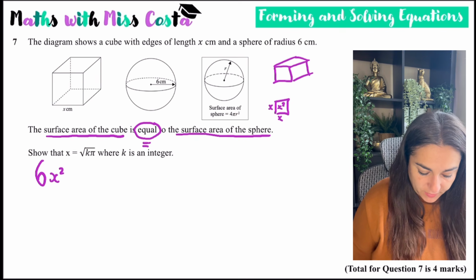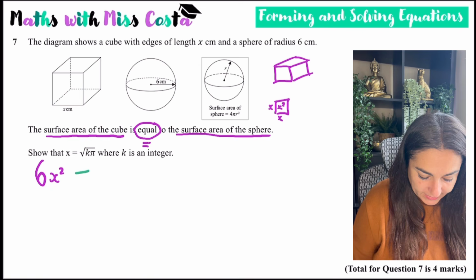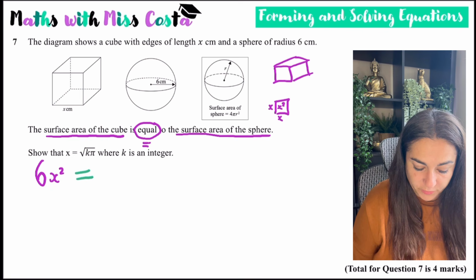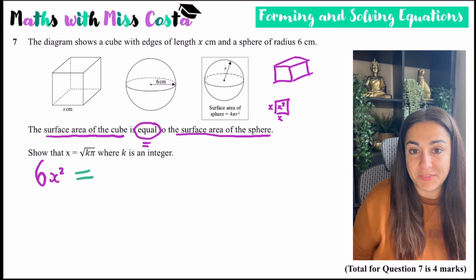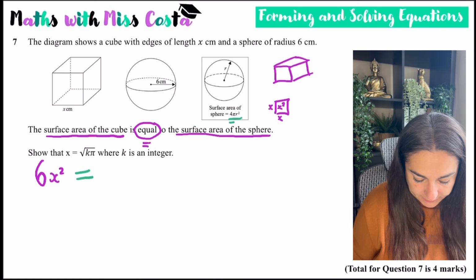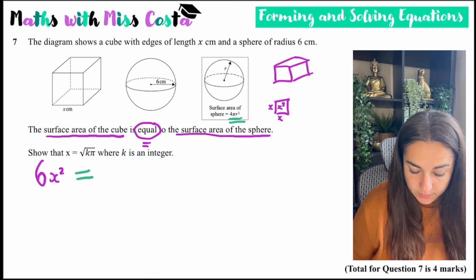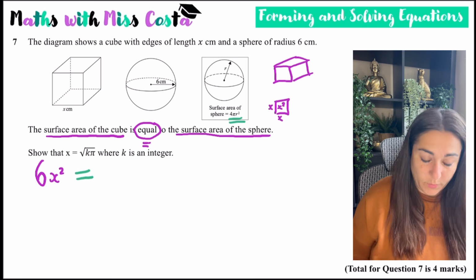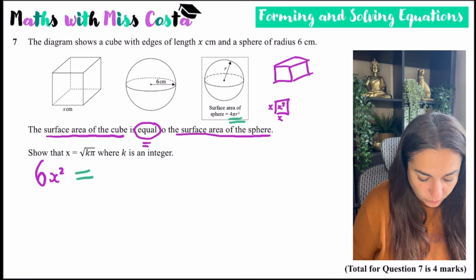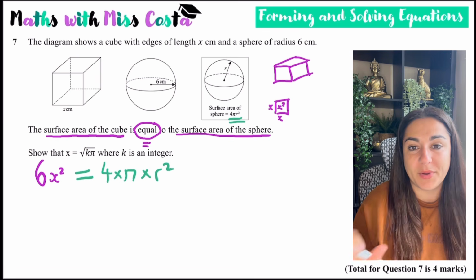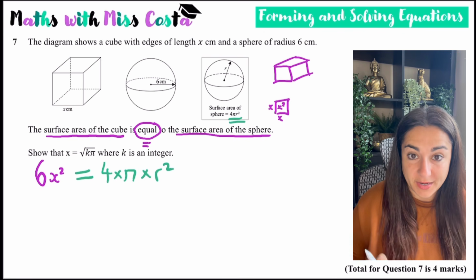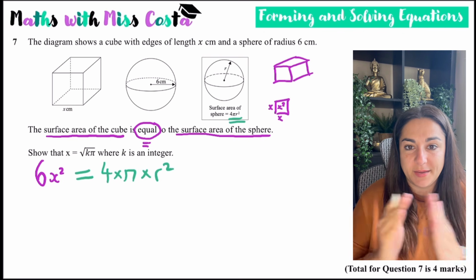So I know that the surface area of the cube is equal to the surface area of this sphere. Now they've given you the formula for a sphere, which is 4 pi r squared. We could spread that out if we want to, just to make it easier. So remember when in algebra, a number and a letter are next to each other, it means they're being multiplied.